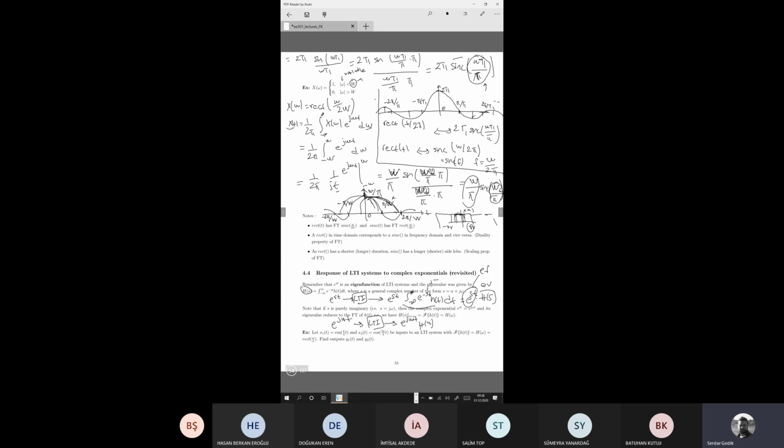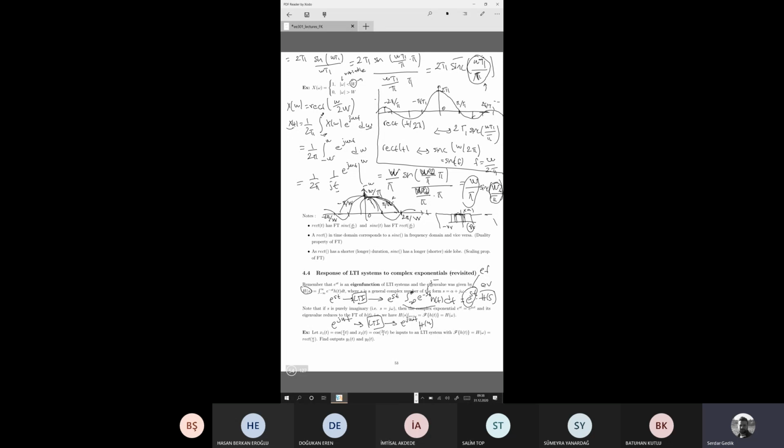So here I have an example. Let x1(t) be cosine pi over 4 t and x2(t) be cosine 3 pi over 4 t, and they are at the input separately of an LTI system, and the impulse response in the frequency domain, H of omega, is given as rect of omega over pi.